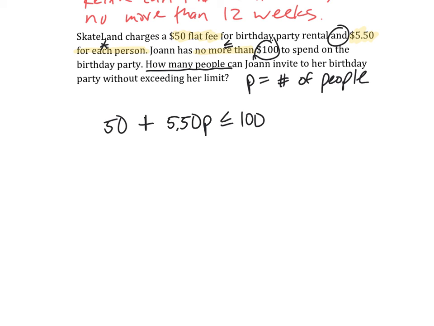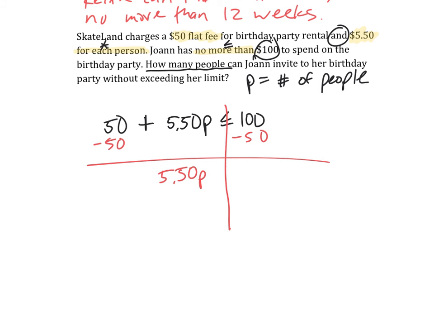Let's now solve our inequality. We'll start by subtracting 50 from both sides, and we get 5.50p is less than or equal to 50. We'll divide by 5.5 on both sides, and we get p. We don't need to flip our inequality because we don't have a negative number.